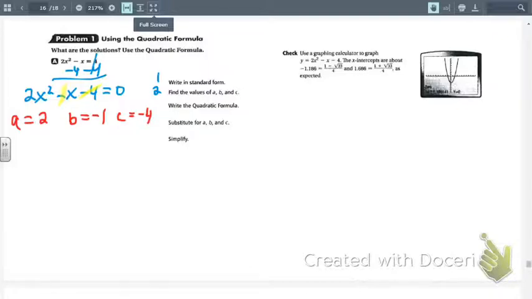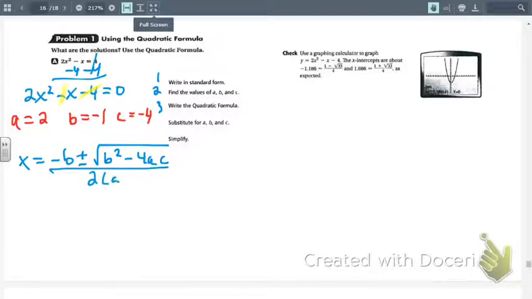The next step is to write down the quadratic formula. So x equals negative b plus or minus the square root of b squared minus 4ac, all over 2 times a.